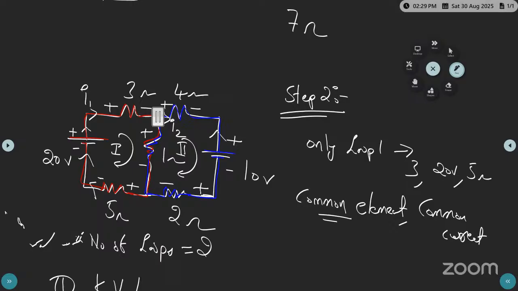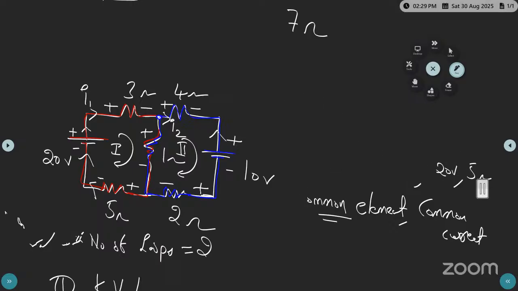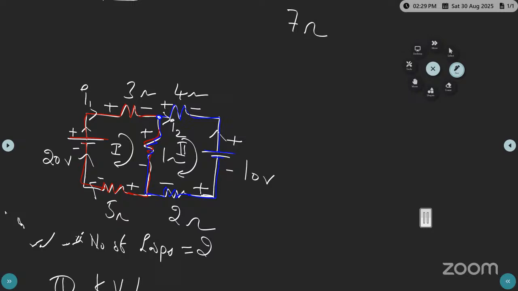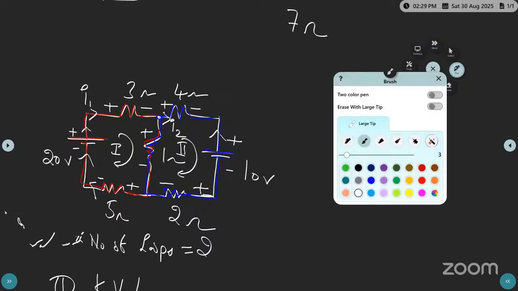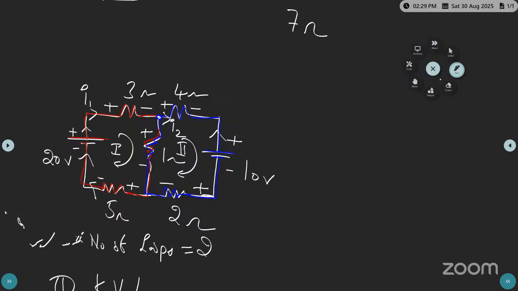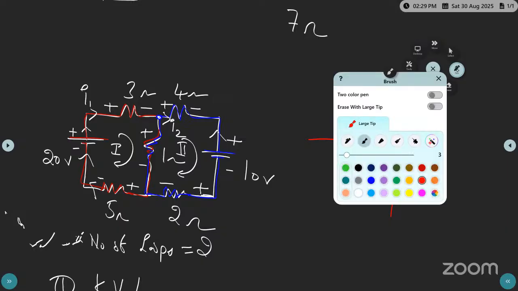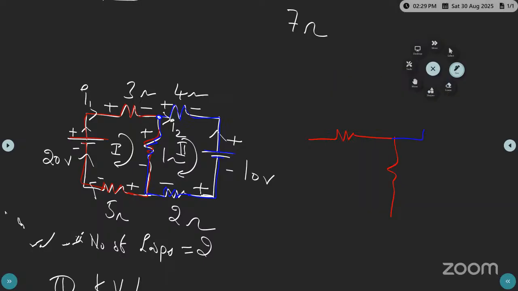Okay, so I am drawing here again. I have drawn some part of the circuit.